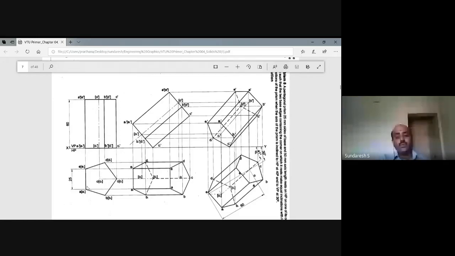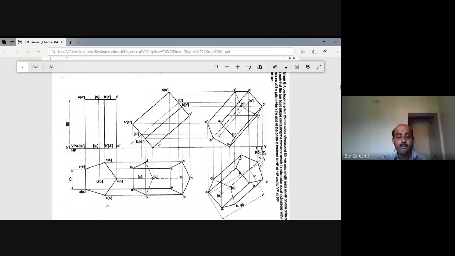When you see a pentagonal prism in the front view, from this direction, you can see two rectangular faces of the pentagonal prism. What are the two rectangular faces? One is A, B, bottom B1, and the base corner A1.